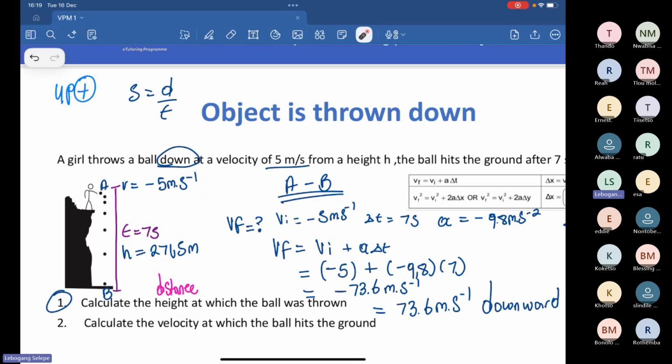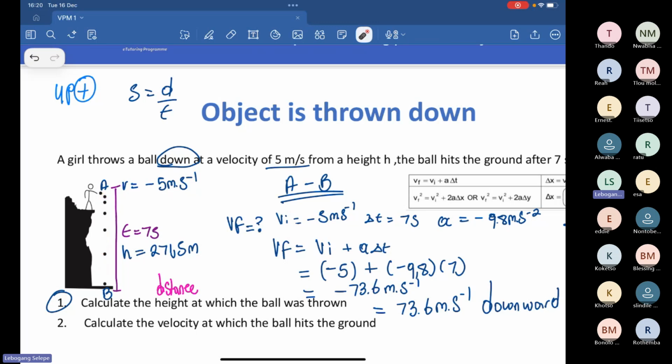So basically, average speed just shows you on average how fast you were traveling. It does not mean that throughout the entire journey you were traveling at that speed. As you can see here, the values of the velocity change at different points.